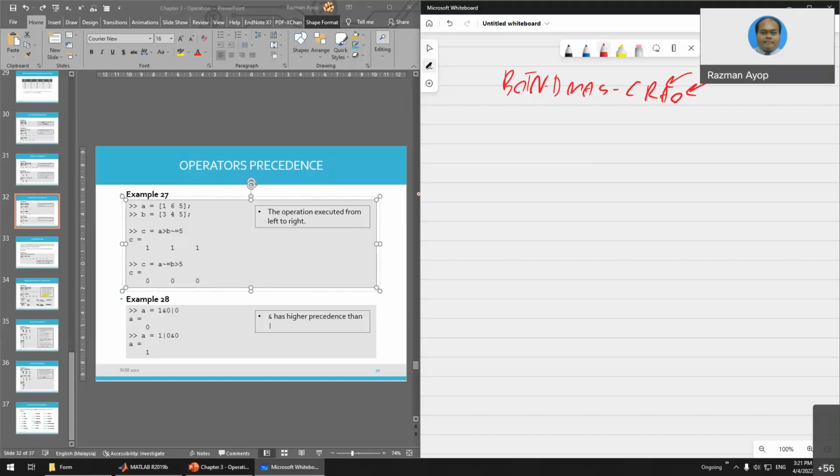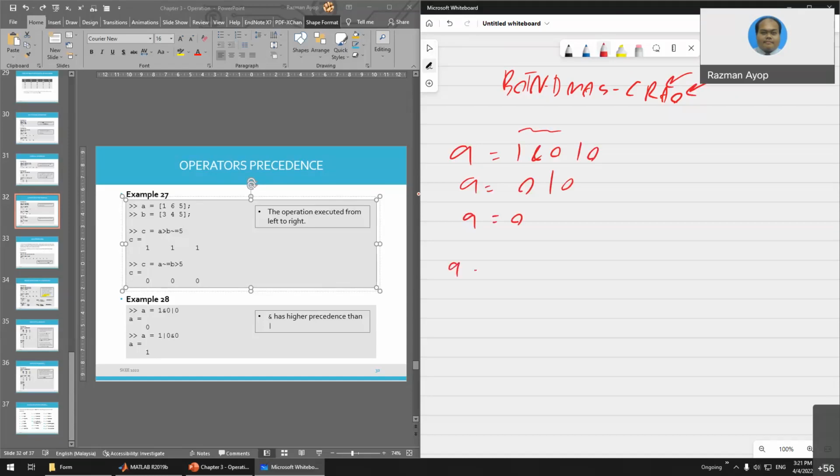Let me show you. A is equal to 1 and 0 or 0. So A is equal to, you have to solve this first. 1 and 0 is 0, or 0. A equals 0. Show one by one.